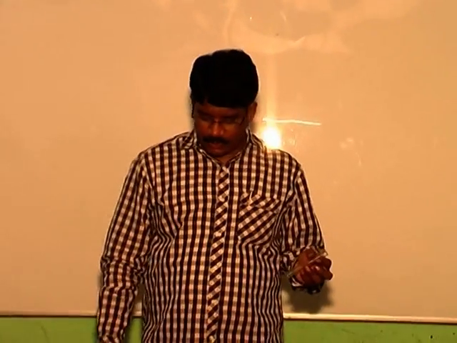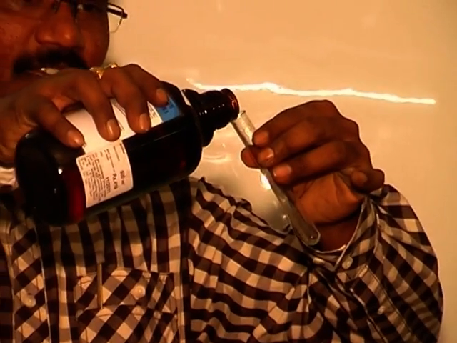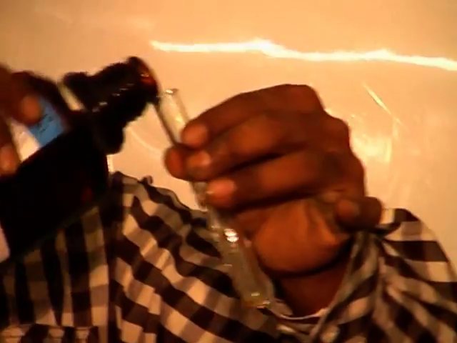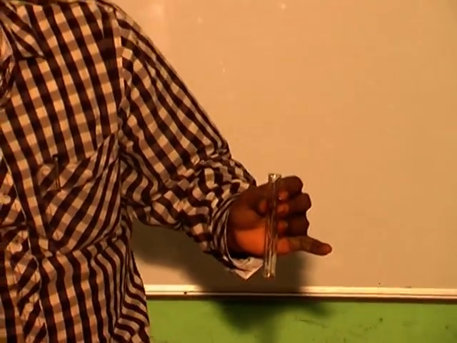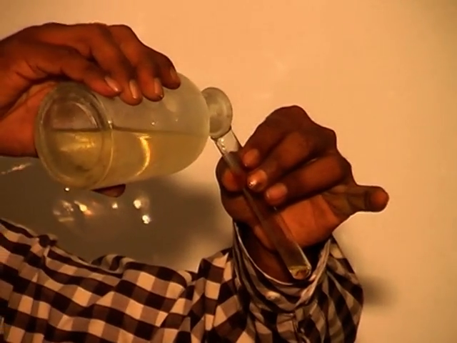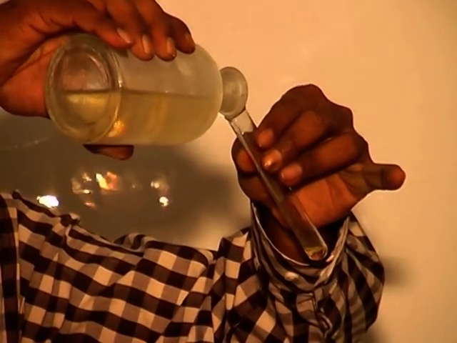Now let us do the identification test for the primary amine functional group. The test is called a diazotization test. So in that case, I am taking aniline. This is the aniline. And to this aniline, I am adding a small quantity of concentrated HCl.